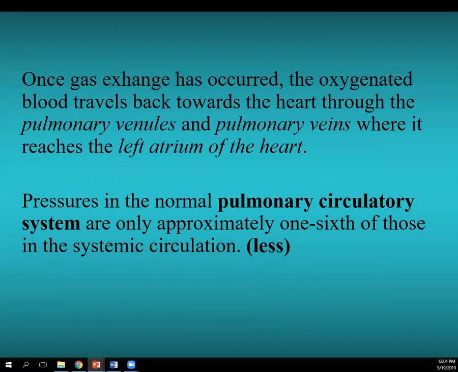But when you're in the pulmonary system, it's a very low flow, low pressure area. So just make sure you remember that. Anything that's in the heart area or the pulmonary system is always a lower pressure.